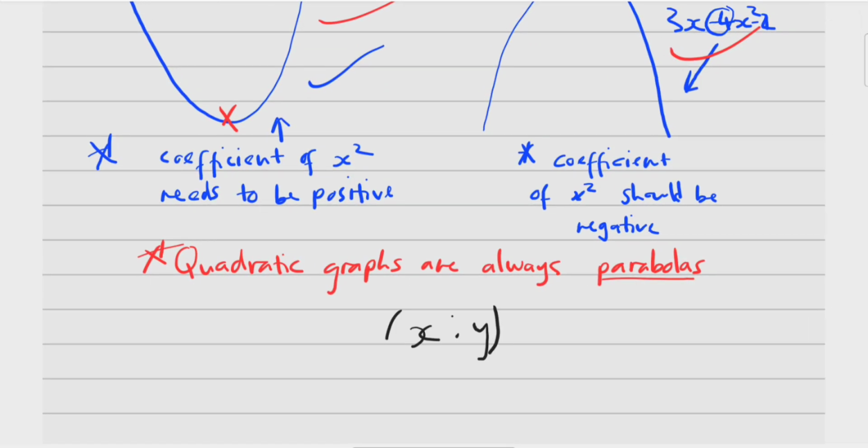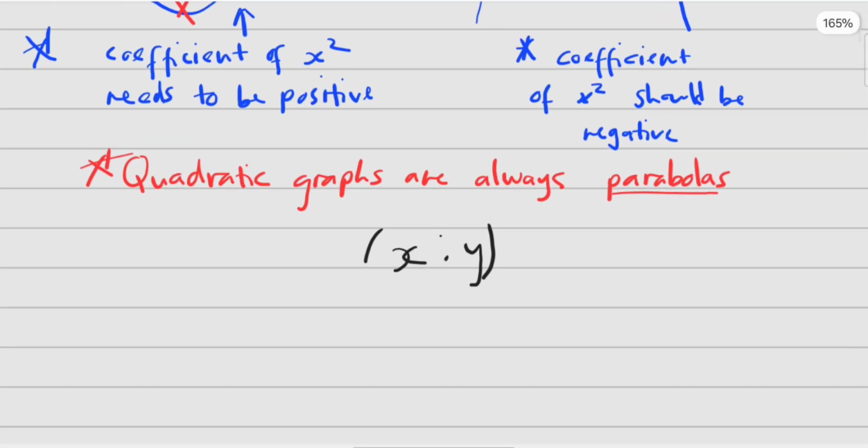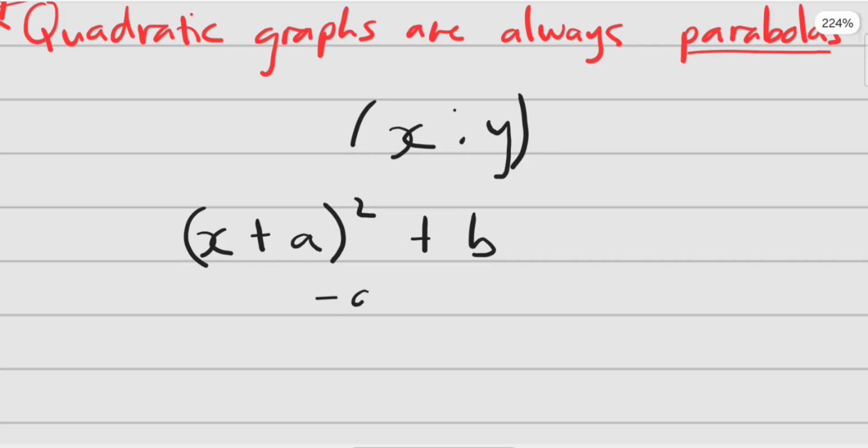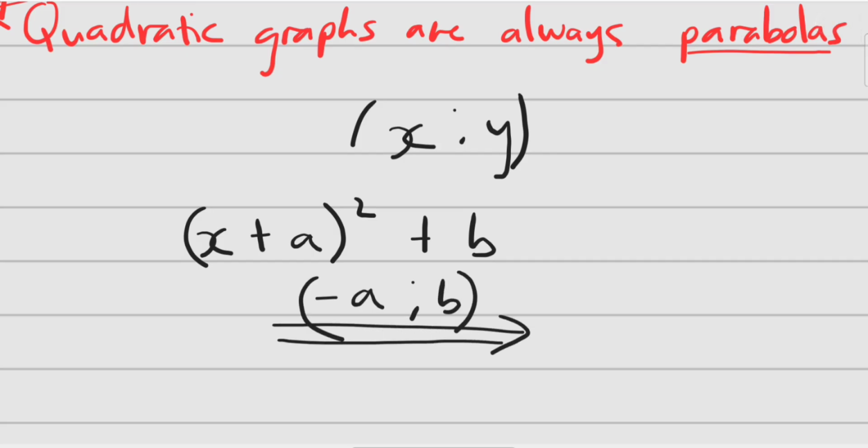And for this, we would need to chip in the concept of completing the square, where we get something like x plus a squared plus b as a result, and then we take minus a and b to be the coordinates of the turning point.